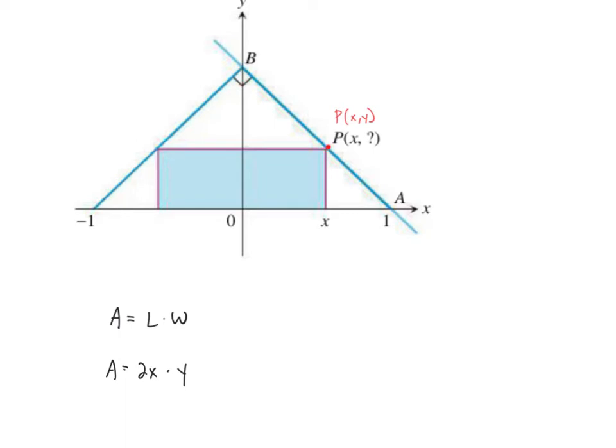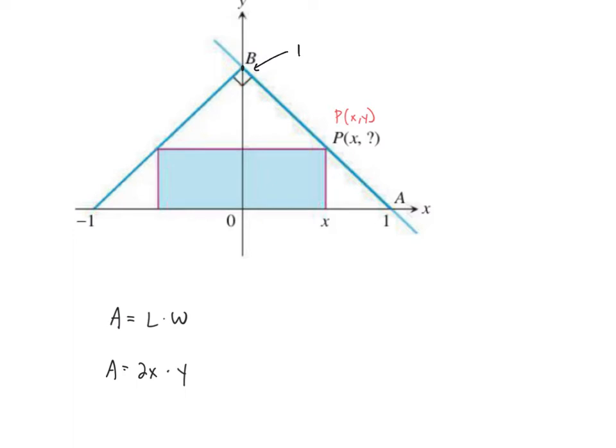Okay, this point here, the directions should have said it. I kind of got these from books but didn't do the whole directions. But this point has to be on this line here. A little bit of geometry will show you that this y-intercept is 1 and the slope is negative 1.